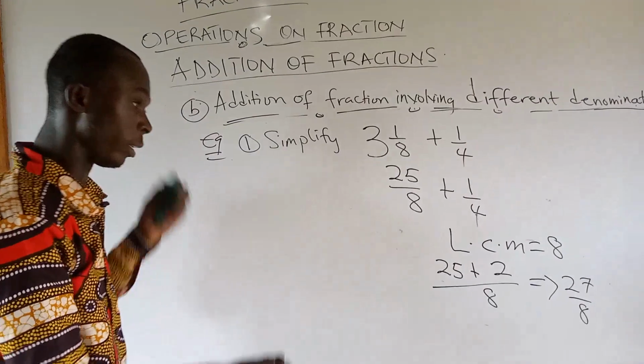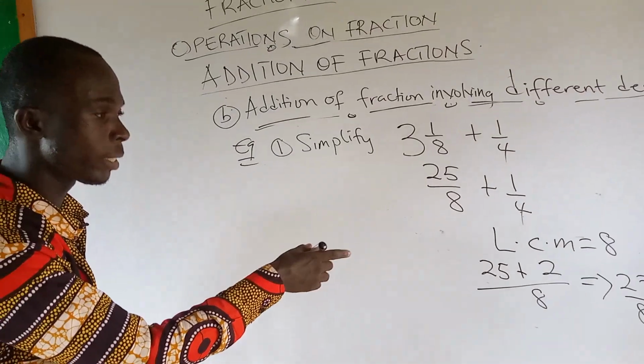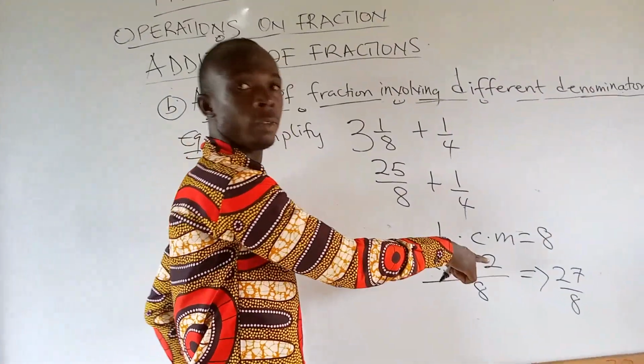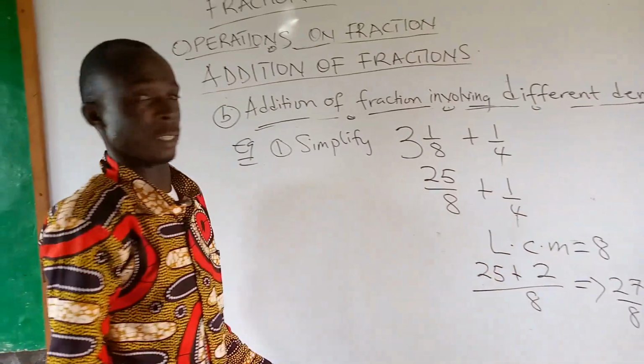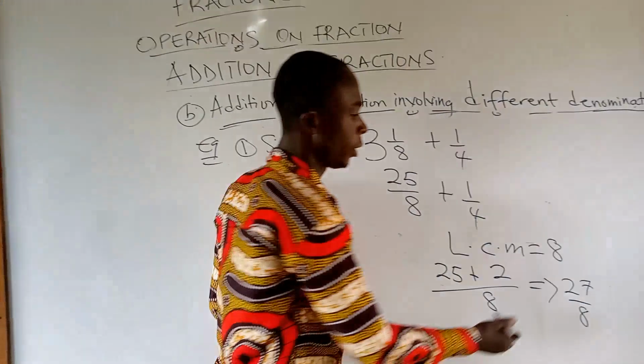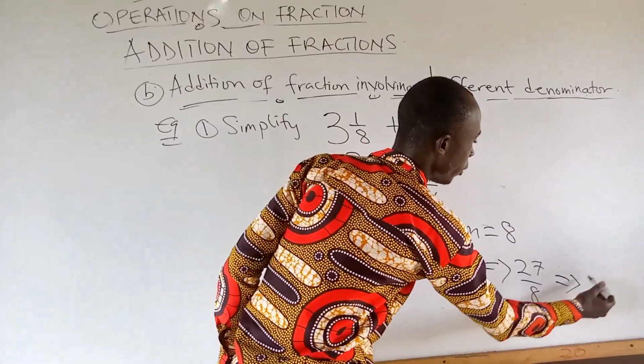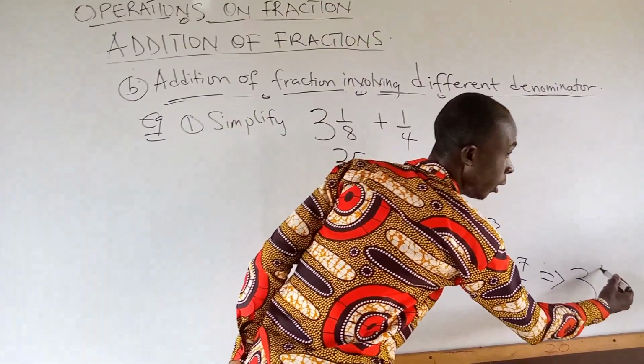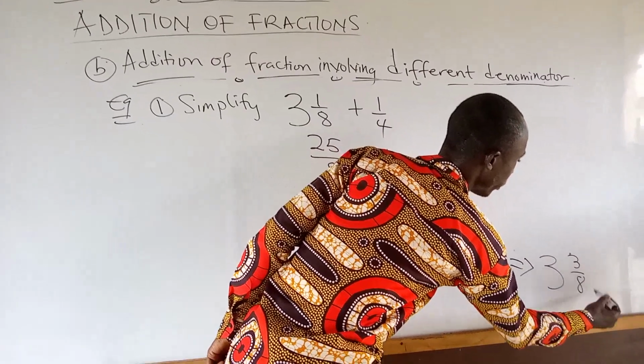And for this one, you should change this improper fraction to mixed fraction, because we are now getting an improper fraction. So 8 goes into 27, how many? 3 whole number, 3 over 8.